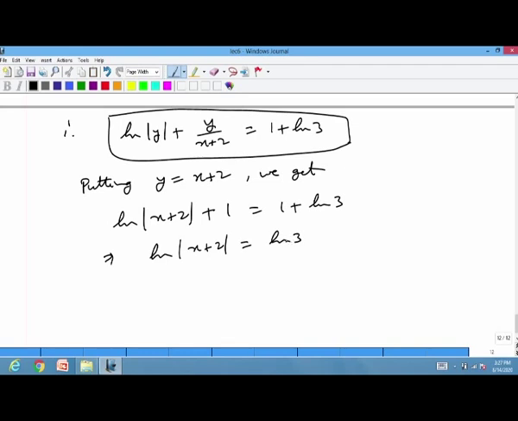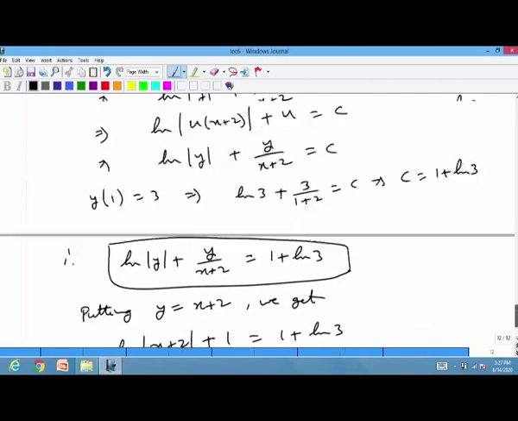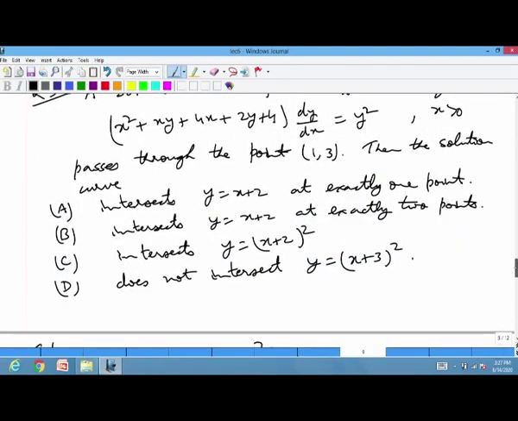And since x is greater than 0, we can simply write log(x+2) = log 3. The only x for which this happens is x+2 = 3, that is x = 1. Therefore, the solution curve intersects y = x+2 at exactly 1 point. So A is correct and B is wrong.